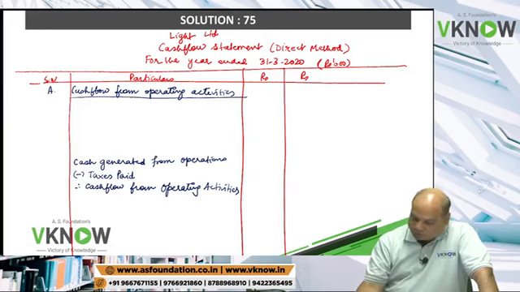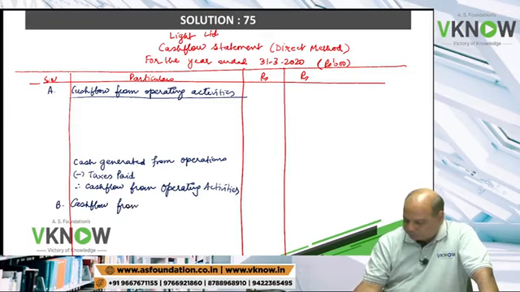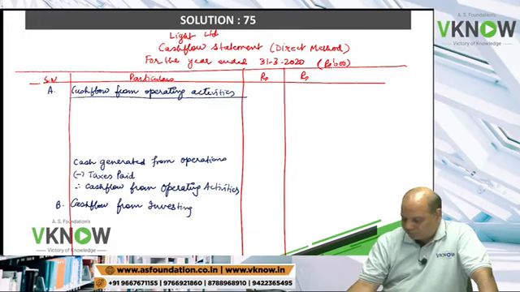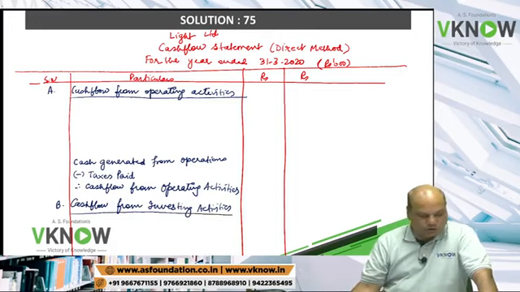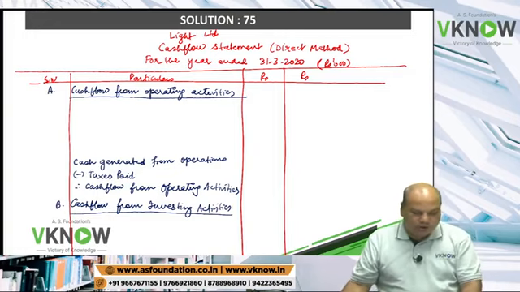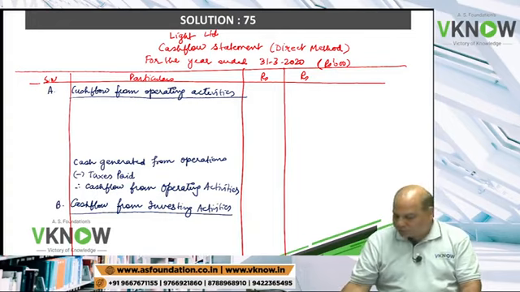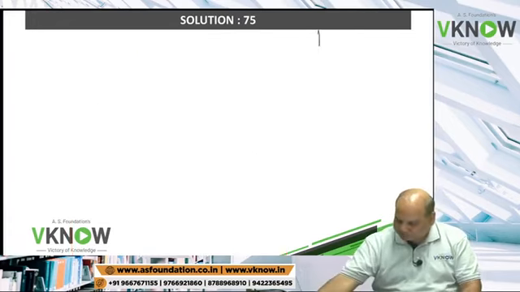Below that, write point B, cash flow from investing activities. Keep around 6 lines blank.